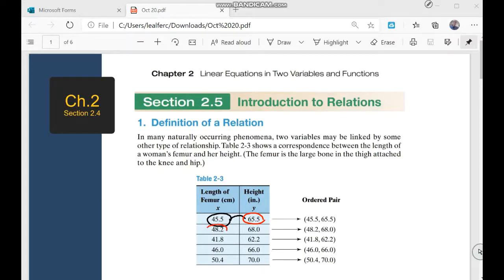Some scientists say there's a correlation, so you can find out the height of the person if you have the length of the bone.